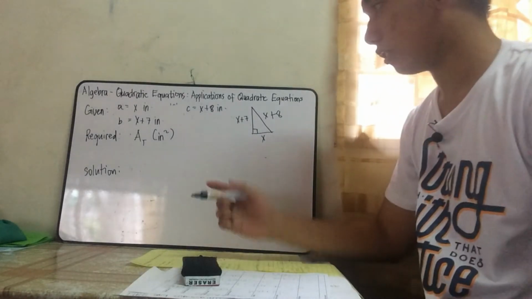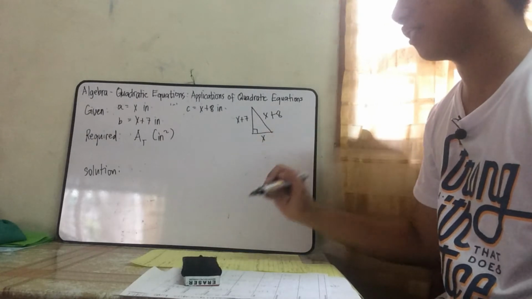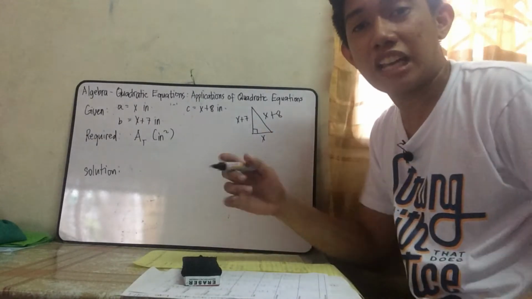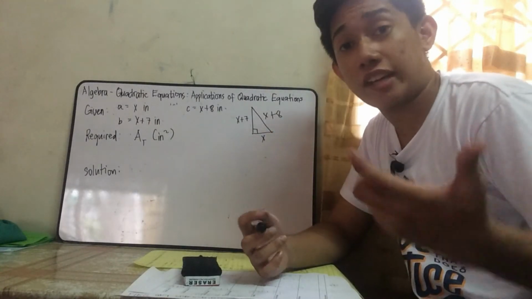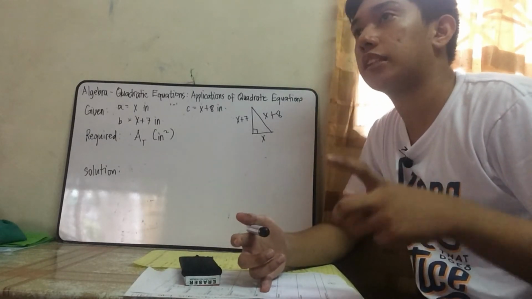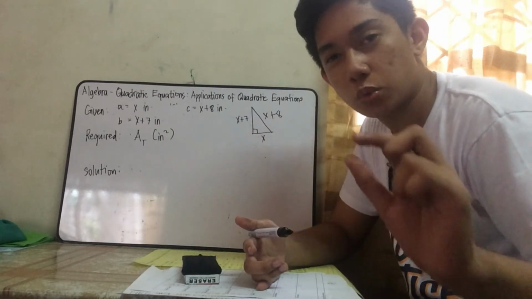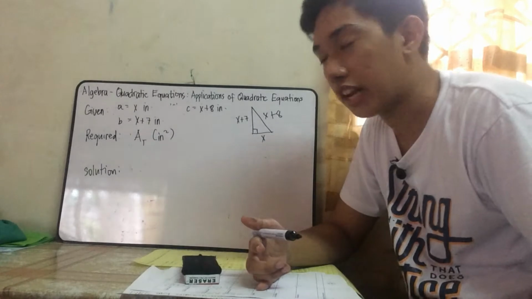Okay? So to solve, first we need to find the values of the sides. We need to find the sides in order to know the area. Kasi ang basic dito is ang area, alam na natin yung area, pero yung how to get the sides, medyo crucial dyan.